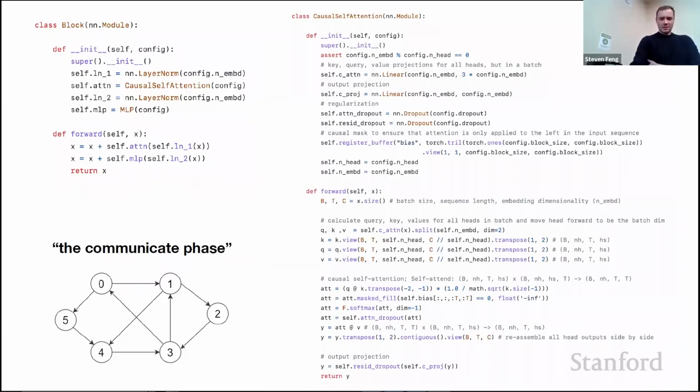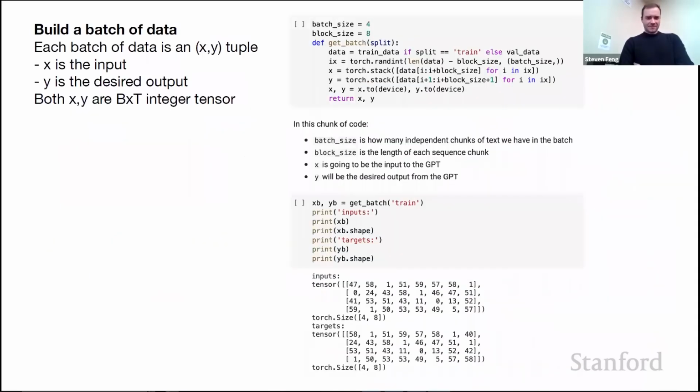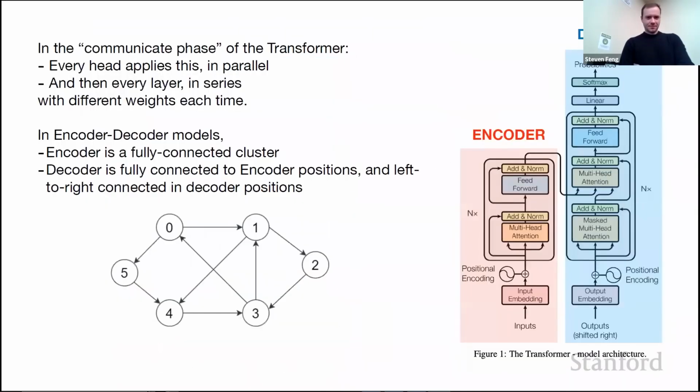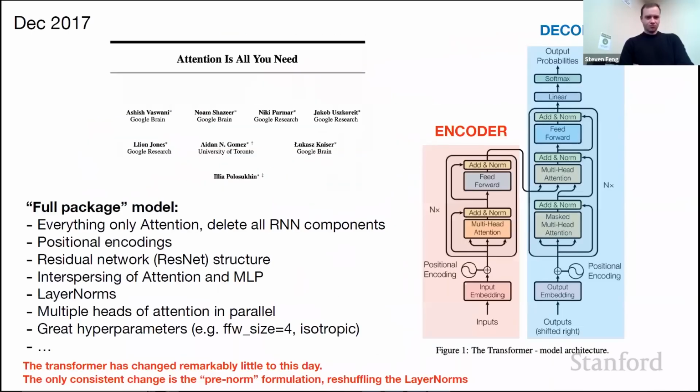In my head, I'm thinking of the residual connection, but then you also have different things like layer norm and things like that.